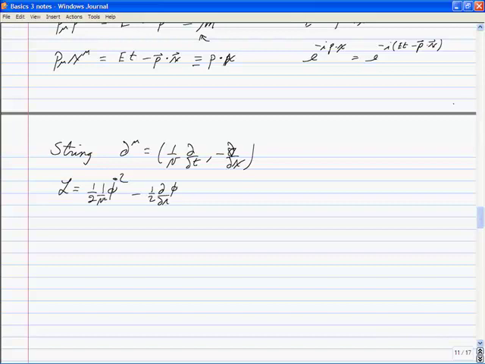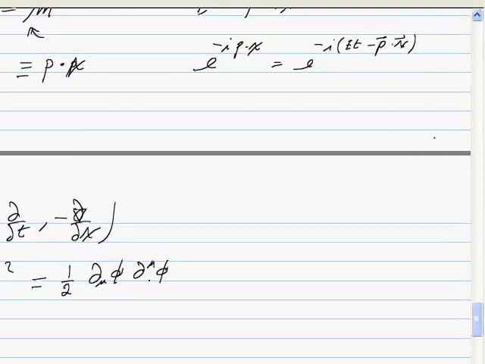This is our one-dimensional string. That was our Lagrangian. In this relativistic notation, then, this is 1/2 d mu phi d mu phi.